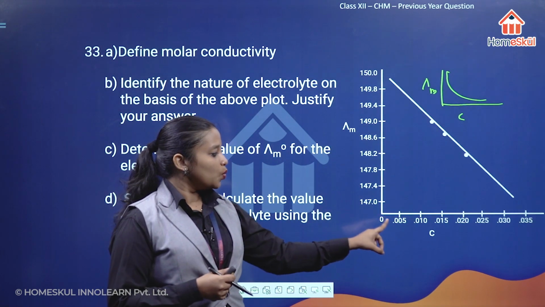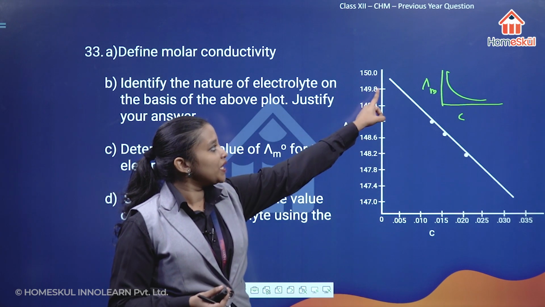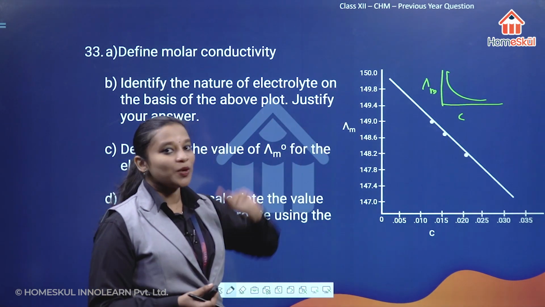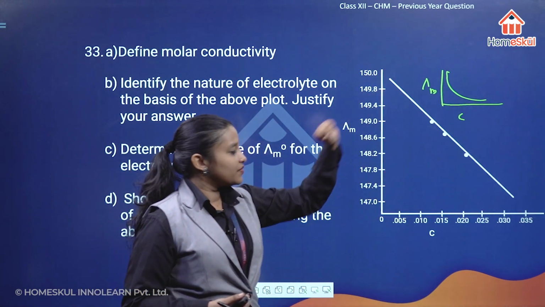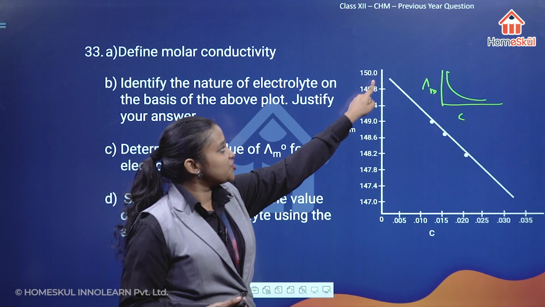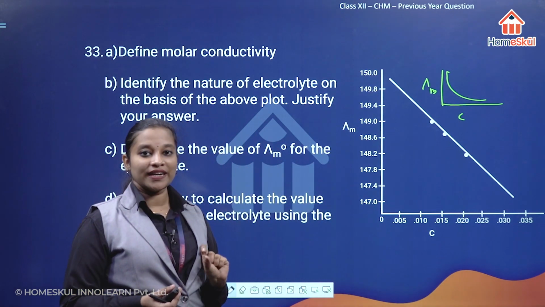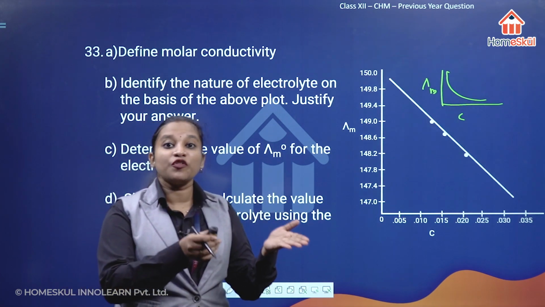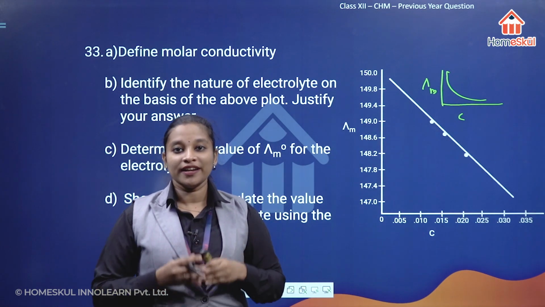Here we have a graph of a strong electrolyte, from which we can calculate the limiting molar conductivity just by extrapolating the line in this graph. When it touches the y-axis, that point will be the limiting molar conductivity of that particular electrolyte. In the case of a weak electrolyte, we use Kohlrausch's law to find limiting molar conductivity.